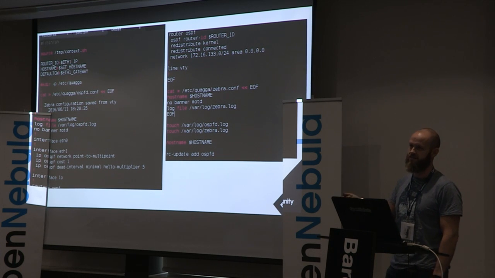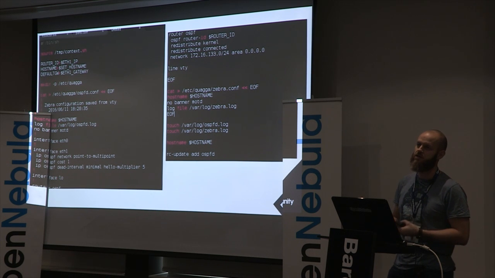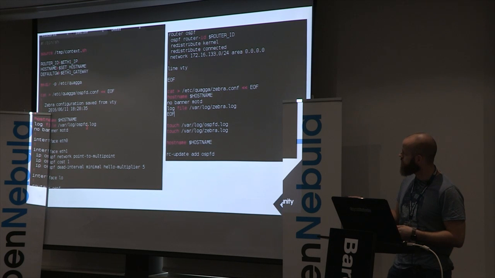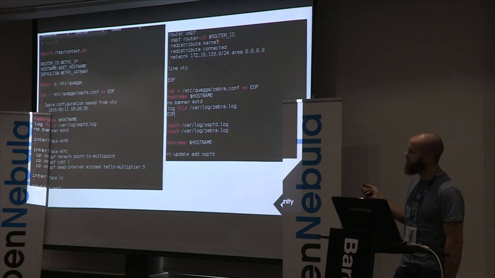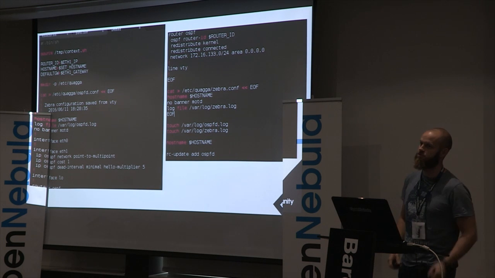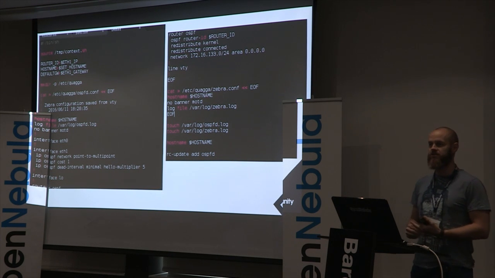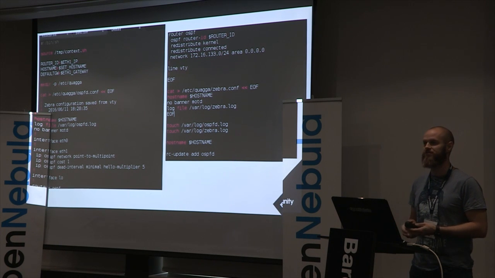So the IP that OpenNebula hands out to your virtual router is also used for the router ID. So unless OpenNebula introduces a network conflict, which I hope they don't, it should be pretty safe. Okay, thanks.